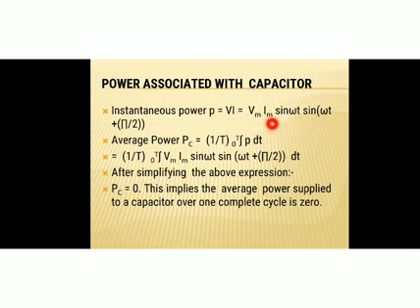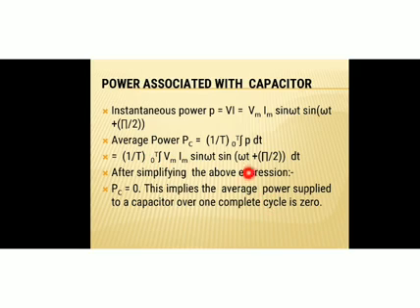So substitute that expression here, and you will get 1 by T integral 0 to T Vm Im sin omega t plus pi by 2 dt. And after simplifying the above expression, you will get the average power associated with the capacitive circuit is 0.